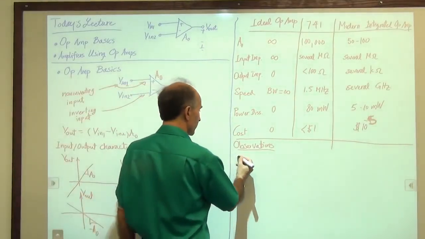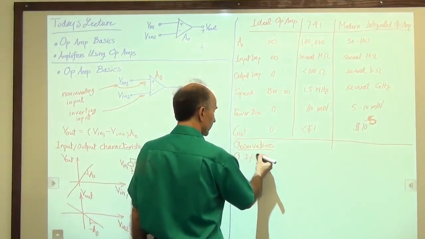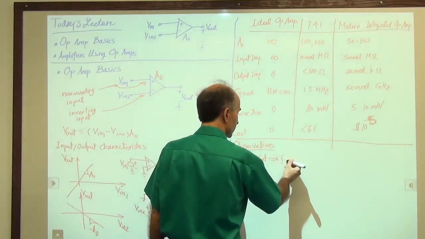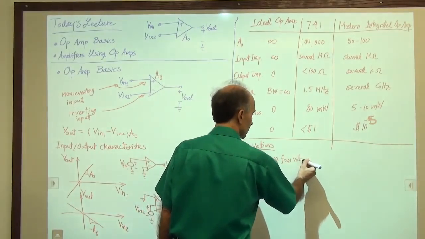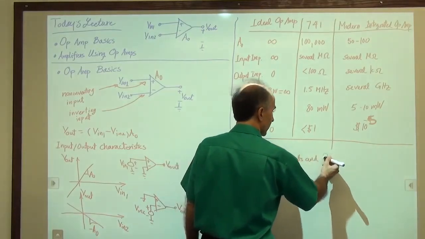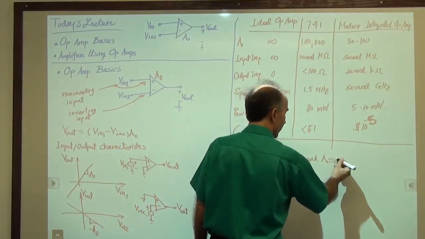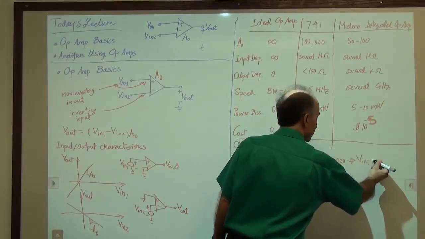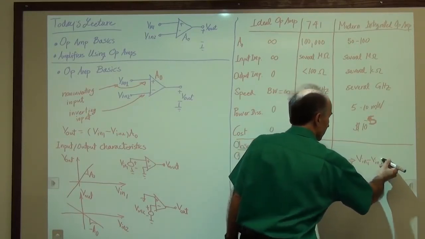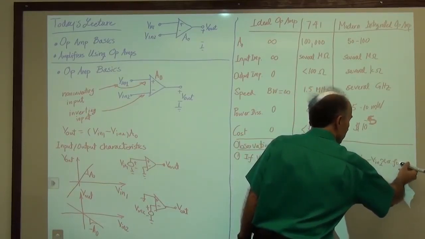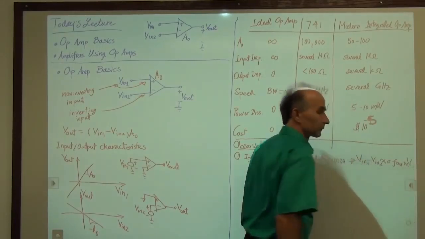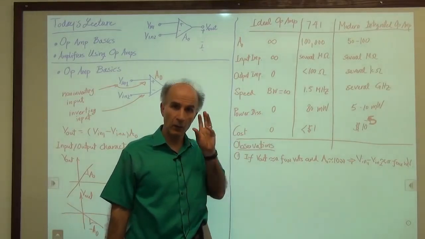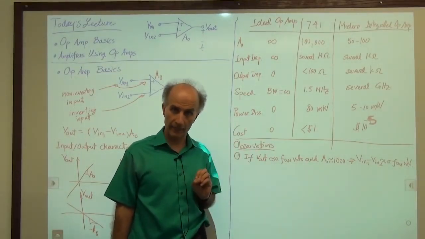So, observation number one, if V out is a few volts, and A0 is on the order of 1,000, then V in 1 minus V in 2 is a few millivolts.